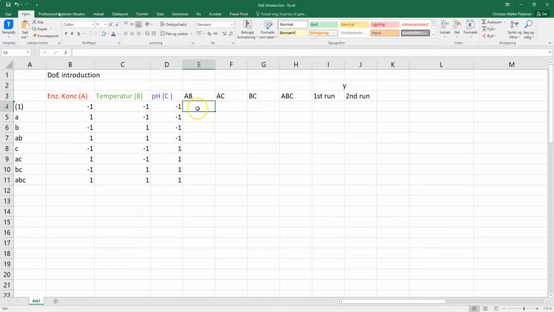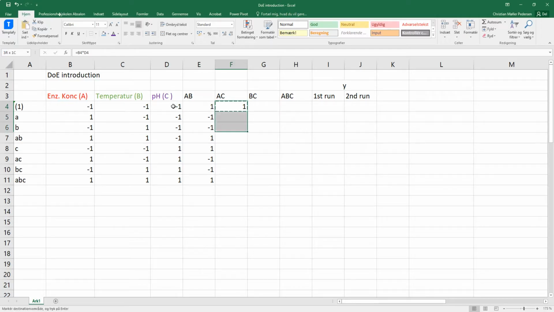So the AB interaction is equal to the product of the value of factor A and the value of factor B. And that goes all the way down. So I'll take a copy of this cell and copy it to the column here, like that. And for this interaction, we have the product of A and C values here.